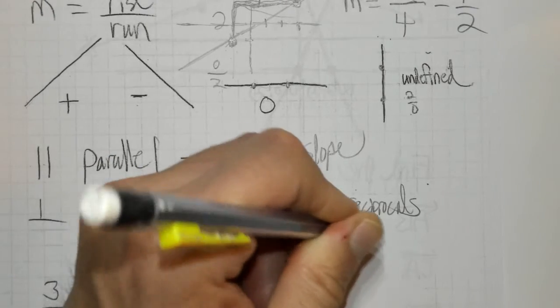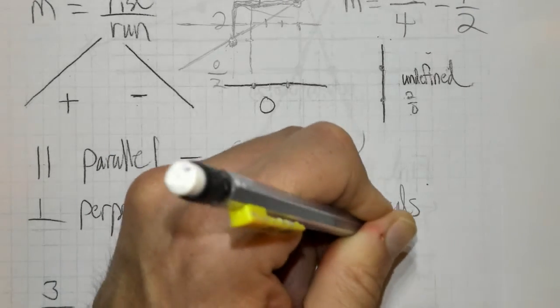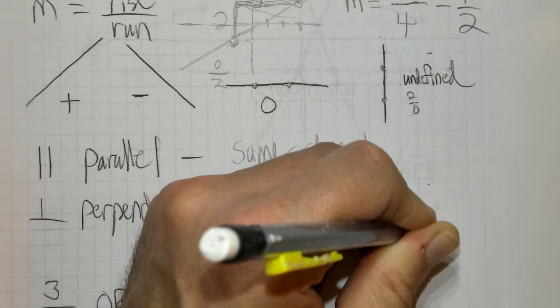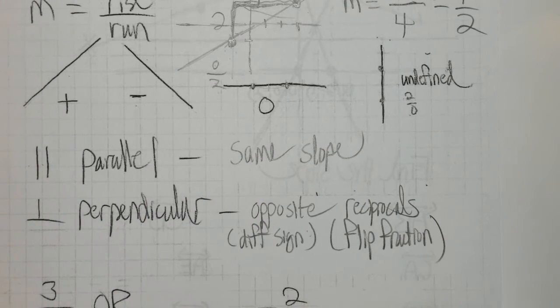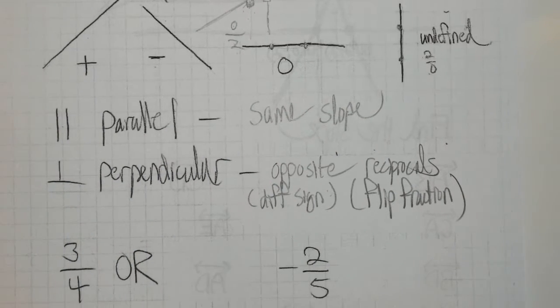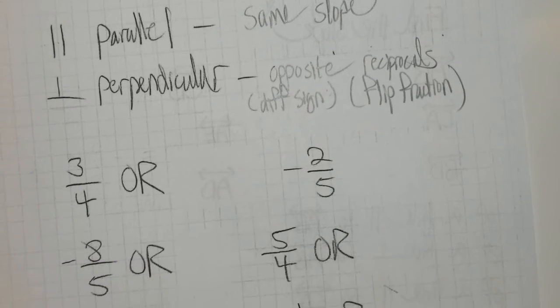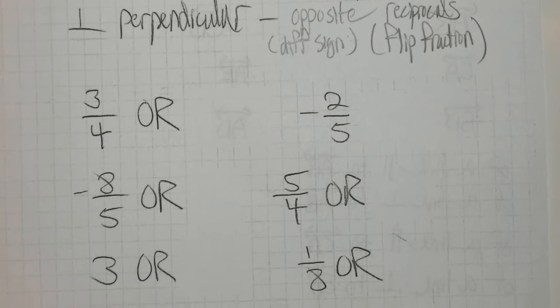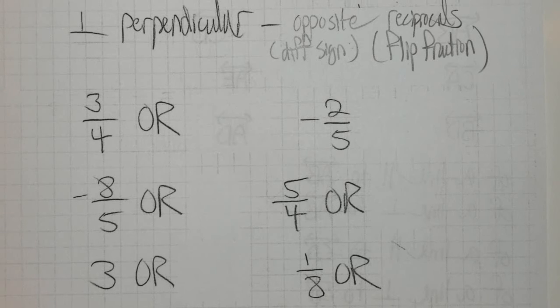Reciprocal means flip the fraction. So change the sign, flip the fraction. That's how you can get the opposite reciprocal. So the next part of our lesson is spending time practicing finding the opposite reciprocal, because if the slopes are opposite reciprocals, then we know that those lines have to be perpendicular to one another.